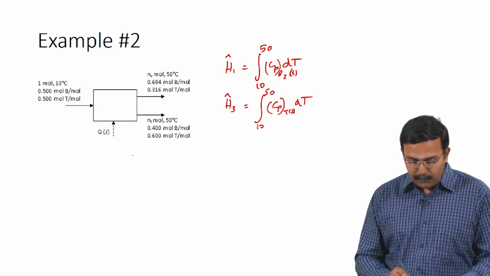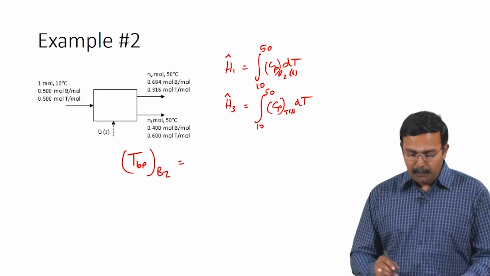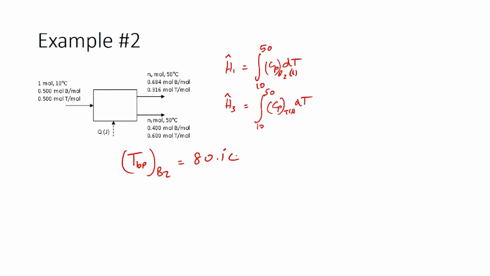So, for benzene we first need to identify the boiling point. The boiling point of benzene, when you look up a table, can be identified as 80.1 degrees Celsius. The standard heat of vaporization of benzene at this particular temperature can be obtained from textbooks and handbooks.